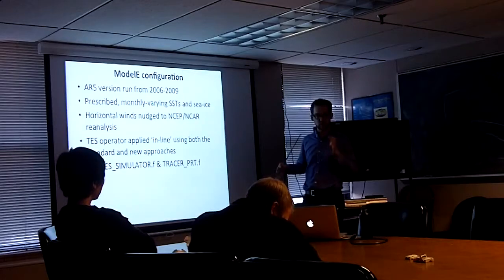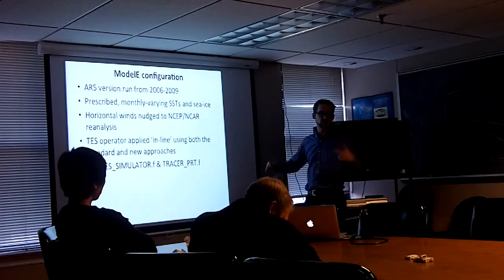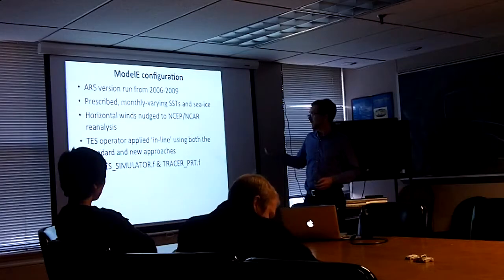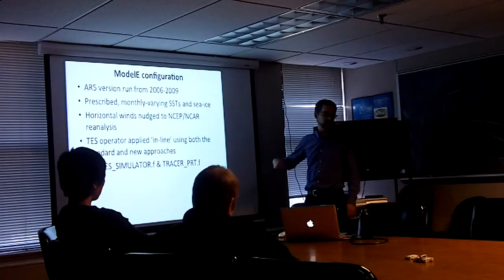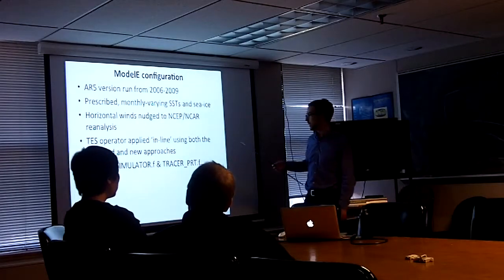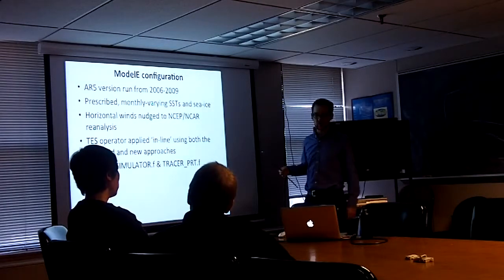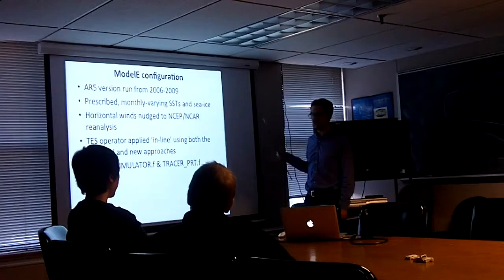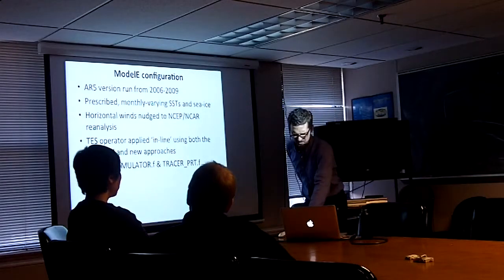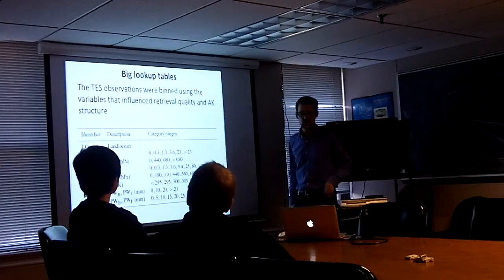Particularly because we want to do small or medium-sized ensemble runs, and if we're only interested in the mean state or the monthly variability, doing it offline means you have to produce daily or synoptic output to apply the TES operator, which creates a prohibitively large amount of data for any sizable number of runs. So it's all inside.